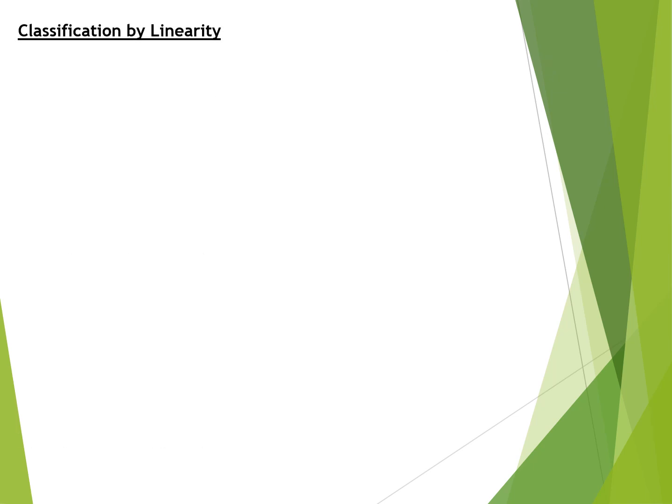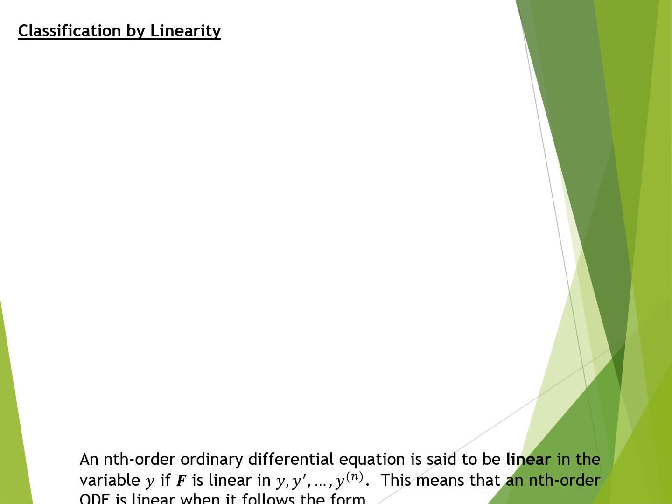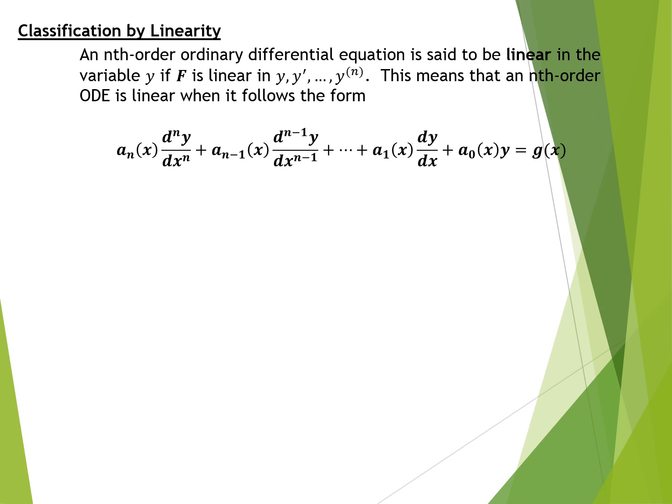Now let us classify differential equations by linearity. Let us define the meaning of linearity. An nth order ordinary differential equation is said to be linear in the variable y if f is linear in y, y prime, and so on.